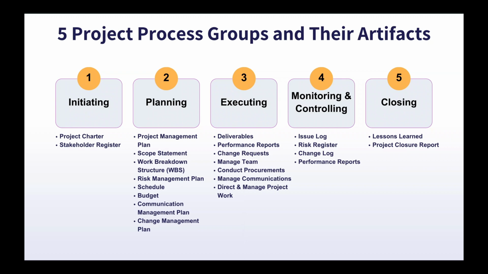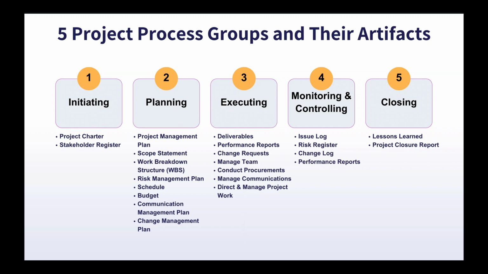For the executing phase, basically we are starting to implement our project plan. As a project manager, you would manage your team so that they can deliver the project deliverables. Monitoring and controlling is another phase, but it's actually implemented concurrently with the executing phase.